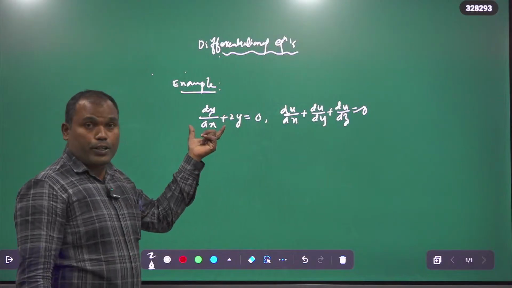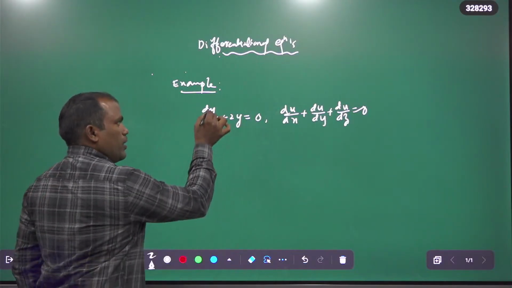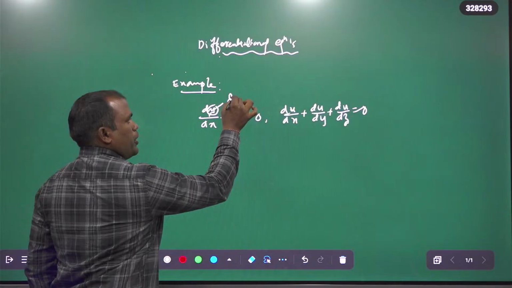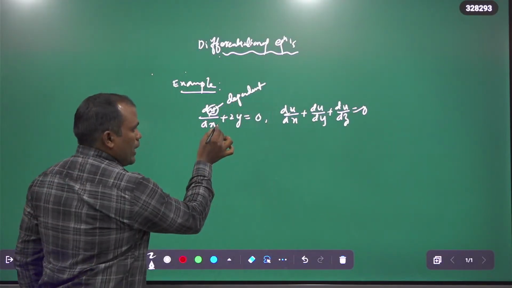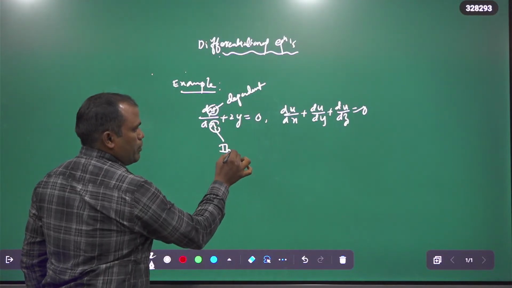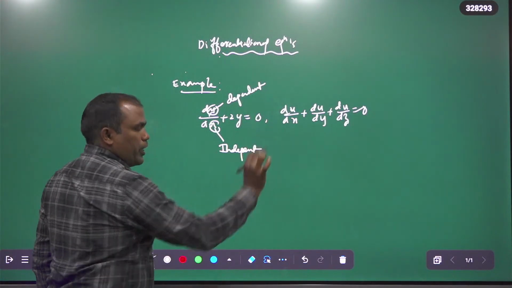These are differential equations. Here y is the dependent variable, and x is the independent variable.